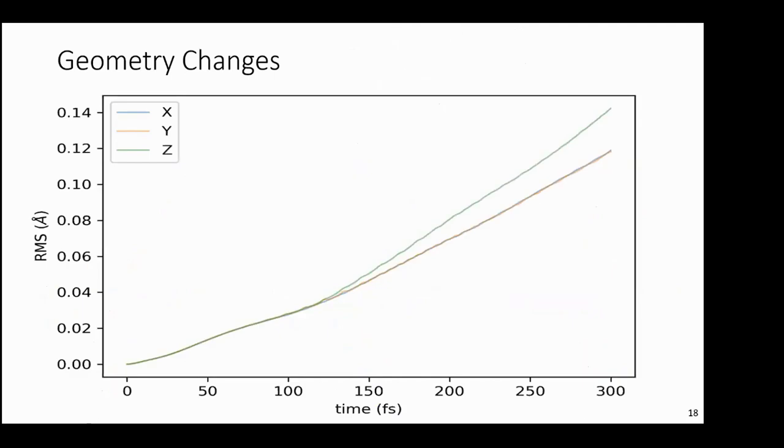And as evident from the root mean square of the relative difference of the atomic coordinates over time, the initial structure changes by about 0.10 to 0.15 angstroms in position during the entirety of the simulations. Interestingly enough, the geometry is most susceptible to the time-varying external electric field when applied in the z direction.